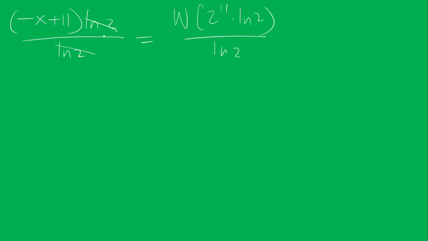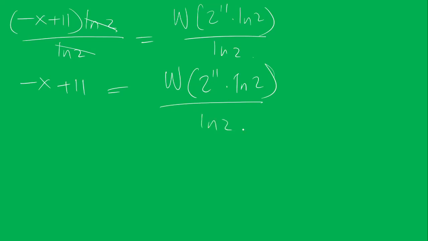So this cancels this. You have minus x plus 11 equal to Lambert W of 2 to the power 11 times natural log 2, all over natural log 2.